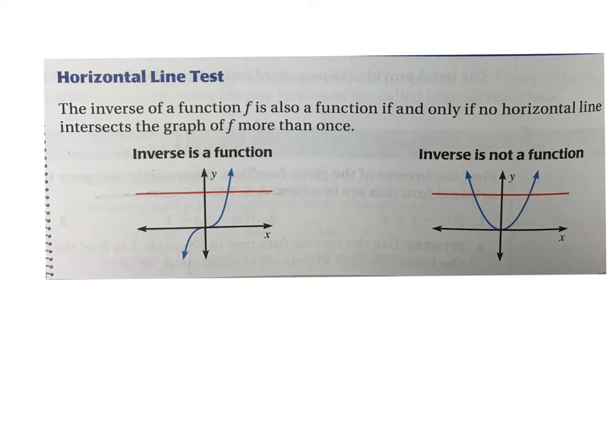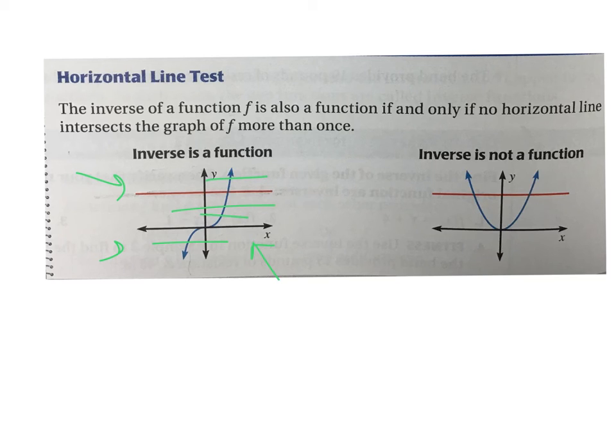All right, last thing here, the horizontal line test. The way you can tell if an inverse is also a function is if it passes the horizontal line test, if a horizontal line touches the graph only once. The graph you're looking at here in the very first one is an odd one, that's x cubed. No matter where you draw a horizontal line, it can only touch the graph one time, which means it's called one-to-one, which also means the inverse is a function.